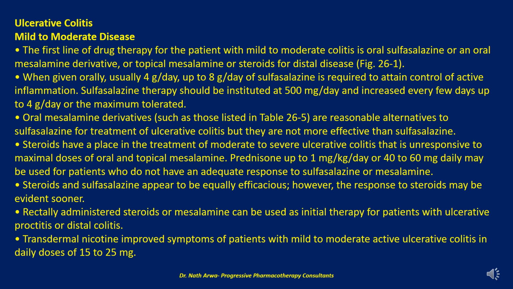Rectally administered steroids or mesalamine can be used as initial therapy for patients with ulcerative proctitis or distal colitis. 7. Transdermal nicotine improved symptoms of patients with mild to moderate active ulcerative colitis in daily doses of 15 to 25 mg.